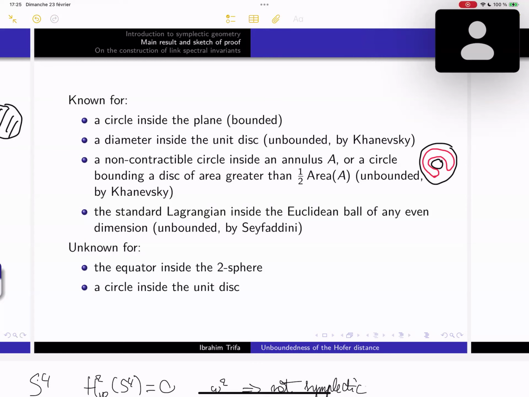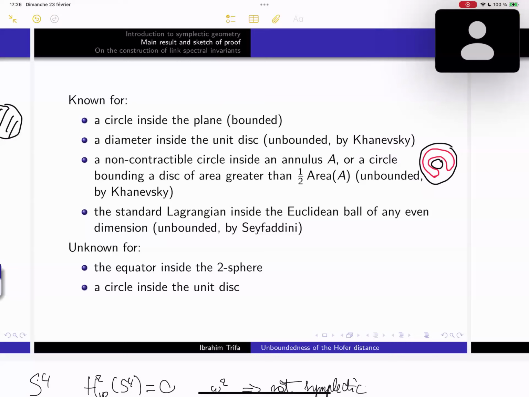So if you take for your symplectic manifold the Euclidean ball in any even-dimensional Euclidean space, and for your Lagrangian the standard Lagrangian, so in R2n, the one generated by the x coordinates, and then you take its intersection with the Euclidean ball, then the Hofer distance for the set of isotopies of this standard Lagrangian will be unbounded.